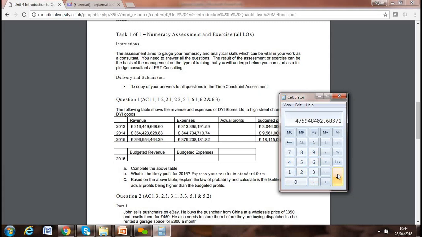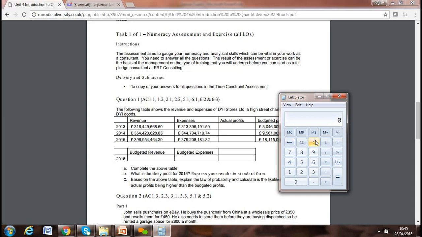Okay, what about the expenses then? Same way as revenue. We'll take the difference. If you look at the expenses, 313, 344 and 379 has increased. So you need to find the change from 2013 to 2014, take the difference between them, divide, that gives you the change.